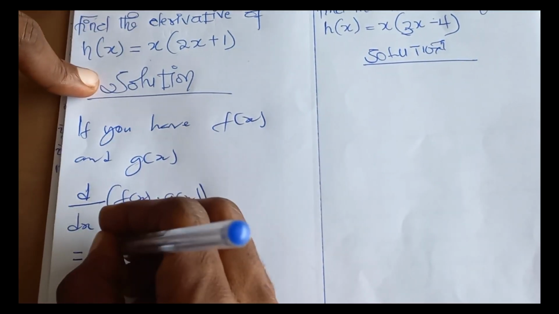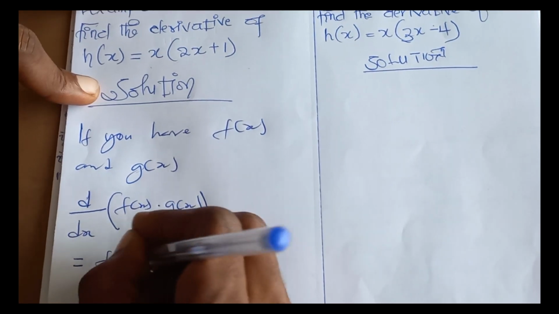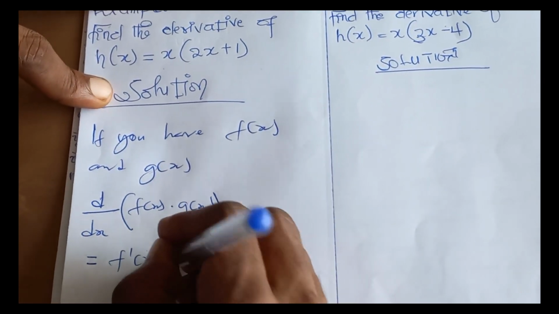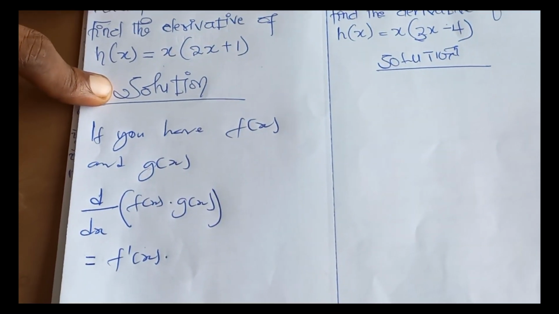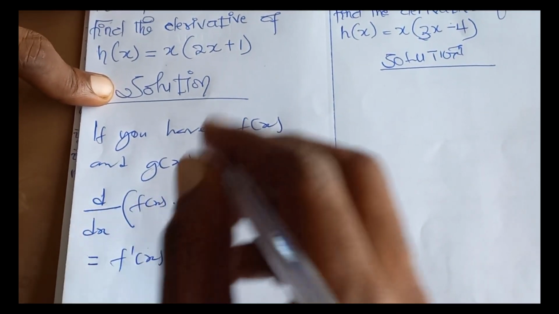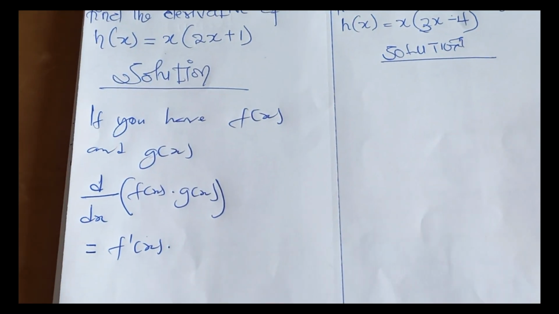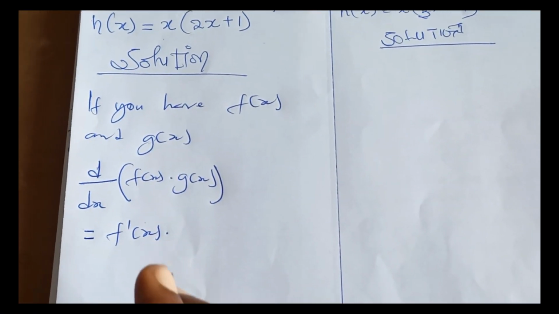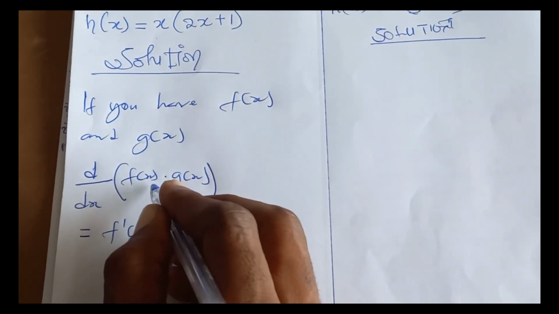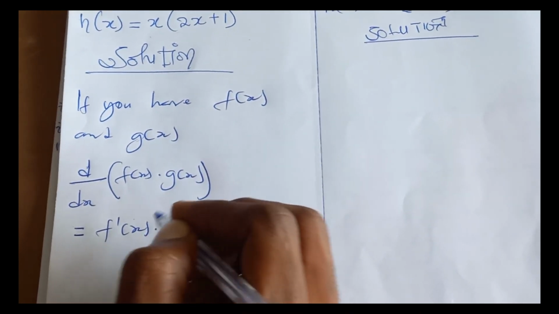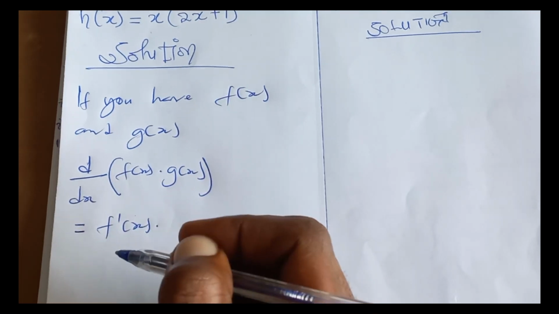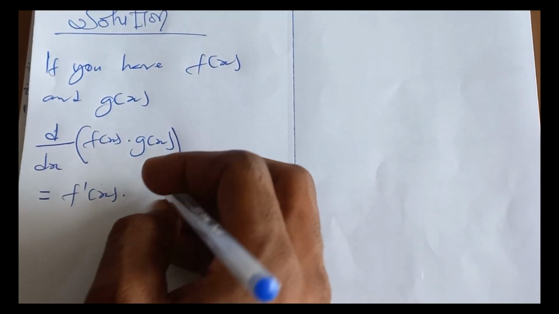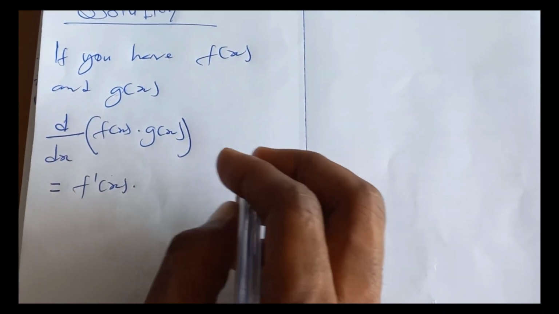So we differentiate f of x, so we get f prime of x. Then we hold the second function, we multiply the second function. That one we are not going to differentiate. That is what I mean, we hold it. So you differentiate the first one, you multiply it by holding the second function, which is g of x. So we are not going to differentiate g of x.